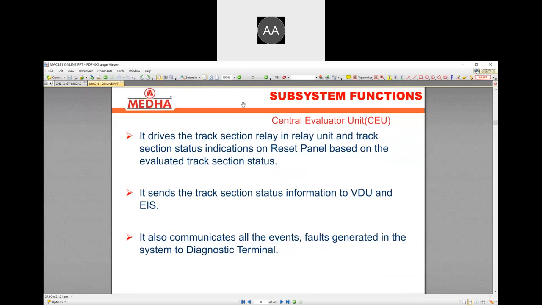Basically, whatever information we receive from the field or from the sensors through the DSFU unit is collected by the central evaluator unit, and the same information is provided to the station master and to the DT, or diagnostic terminal.